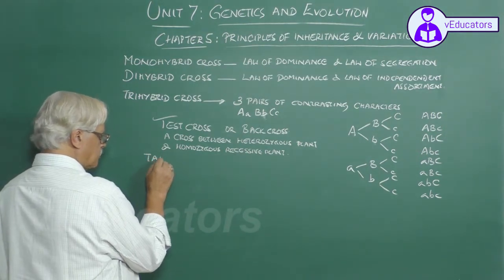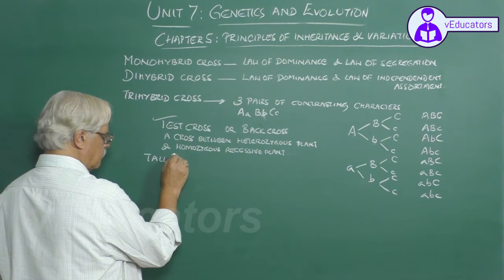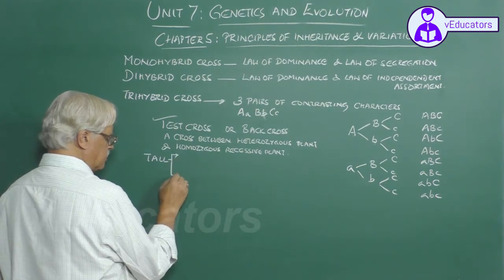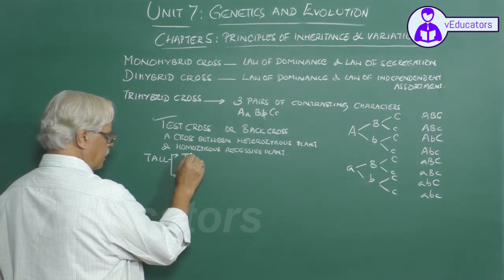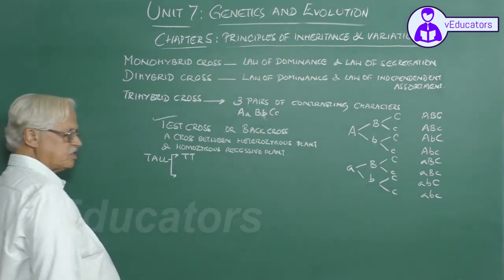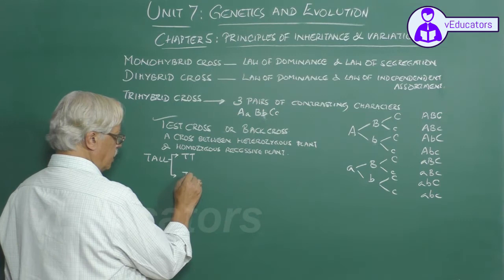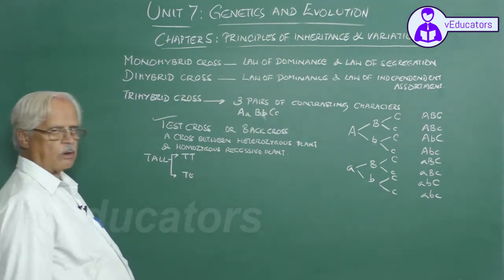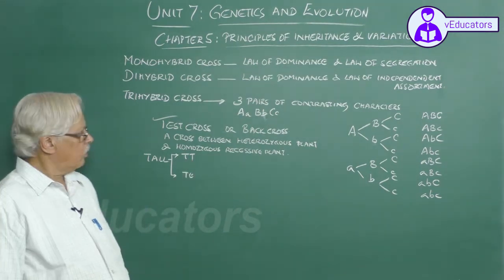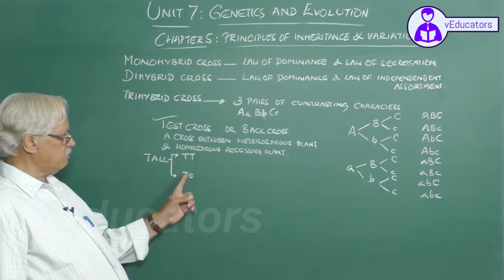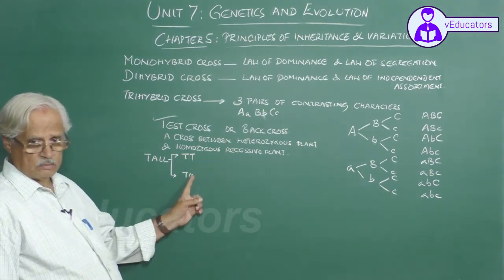In tall plants, we have seen there are two possibilities. There can be a homozygous tall plant, or there can be a heterozygous tall plant. For external appearance, both of them look similar.